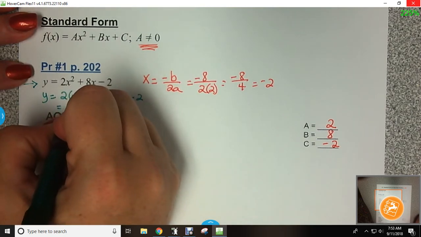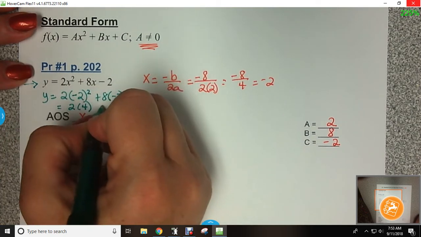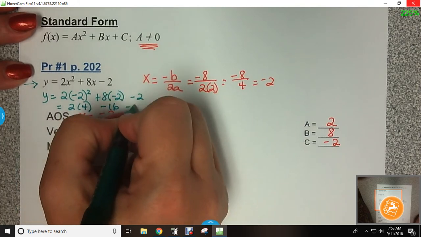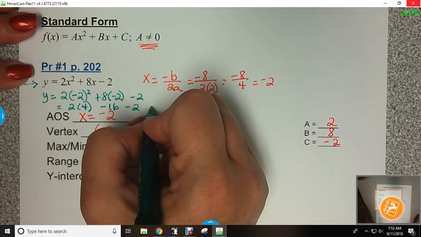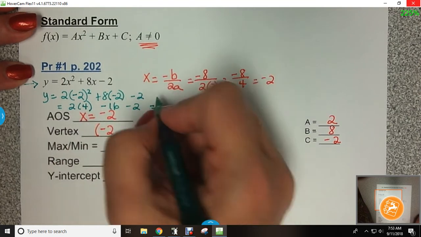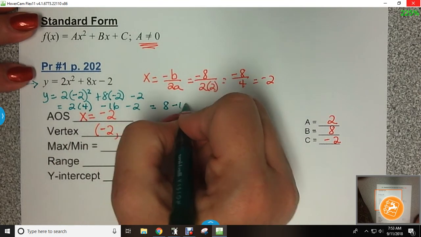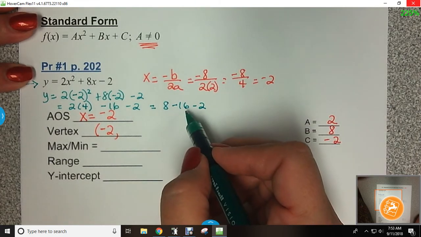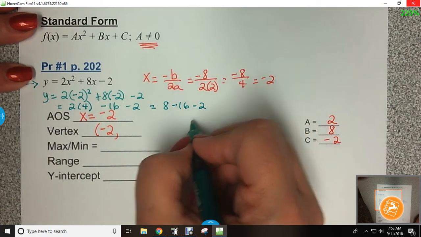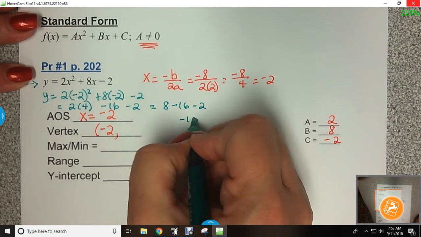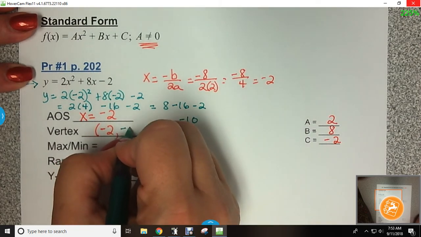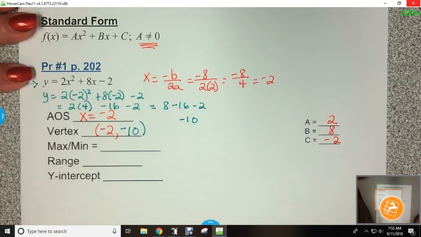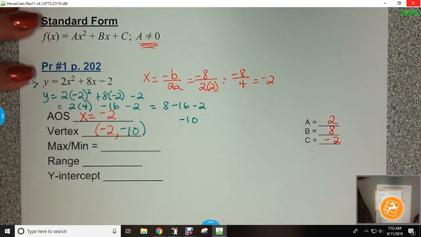So that gives me 2 times 4 minus 16 minus 2. Well, 2 times 4 is 8 minus 16 minus 2. 8 minus 16 is negative 8, minus 2 more is negative 10. So when x is negative 2, y is negative 10. So now we know the vertex.